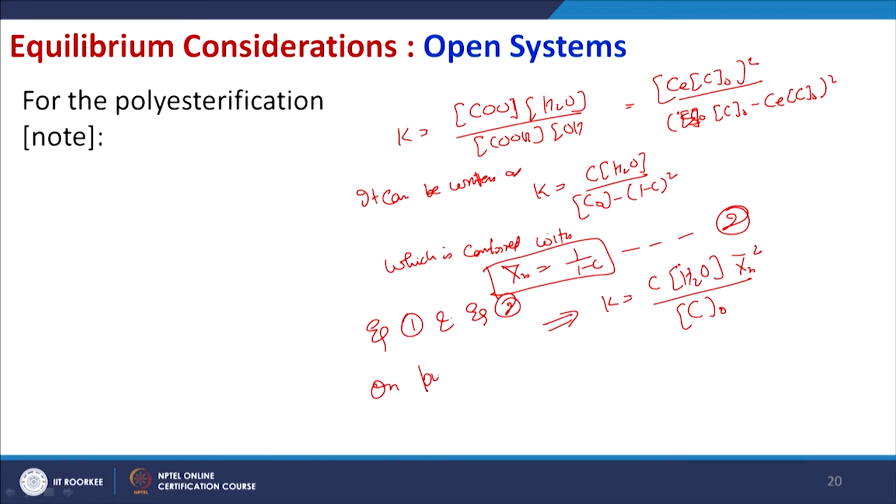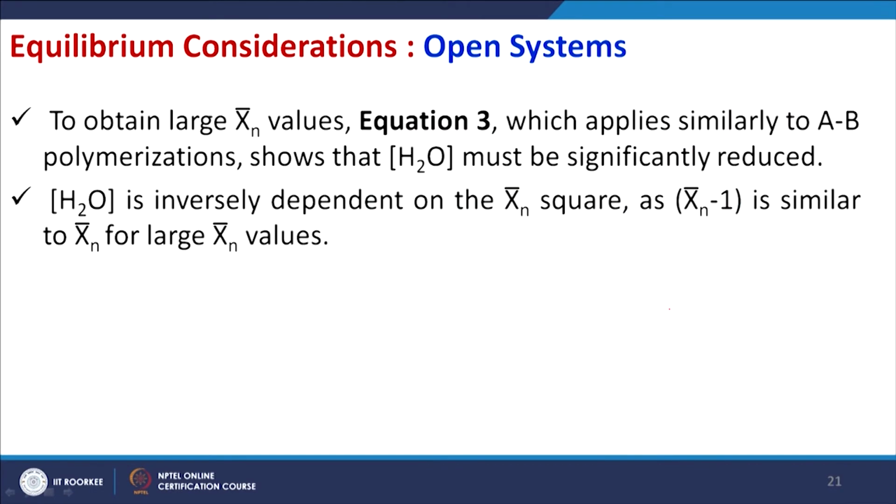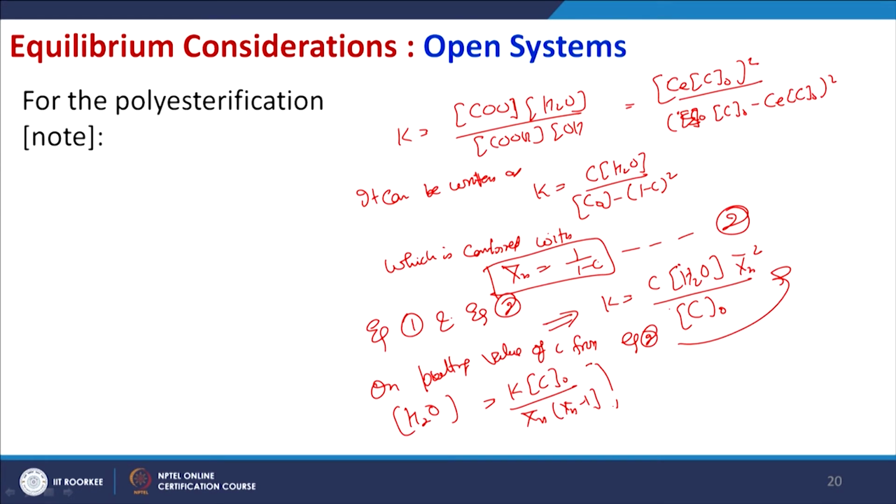Now, on putting the value of C from equation 2 in this equation, we may have C_H2O = K C naught upon Xn squared. Here, if you see, from equation 2 we have Xn bar minus 1 upon Xn, which is C, and that may be termed as equation number 3.